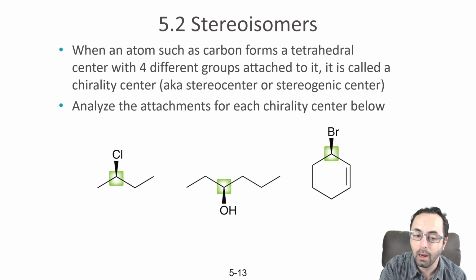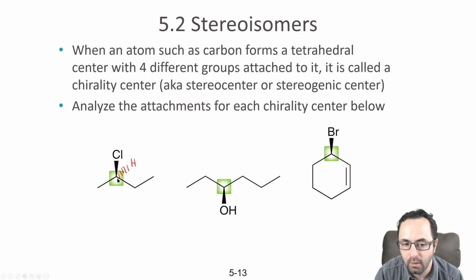We can identify a chiral center as an atom that has 4 different groups attached to it. So for example, this carbon atom here, represented in green, is a chiral center, because if I draw in the hydrogen here, there's one hydrogen that gives this carbon 4 bonds. The chlorine is popping out of the page, the hydrogen is going back into the page, and then this group is a methyl group here, and this group is an ethyl group here.